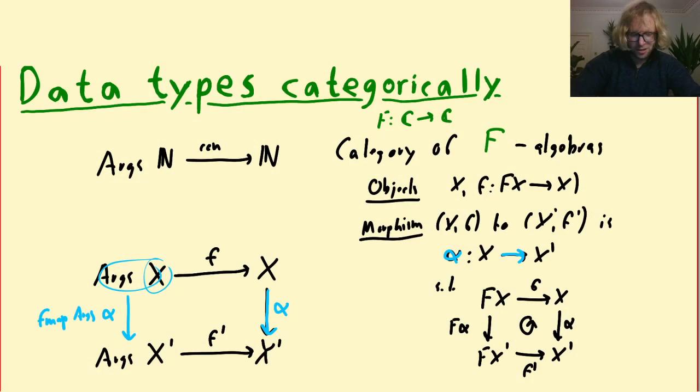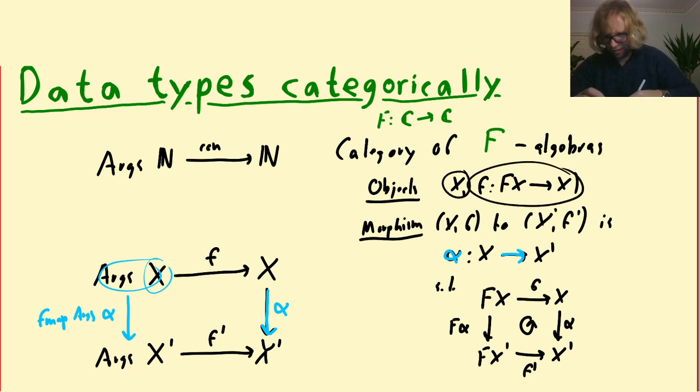So we have seen some connections between data types and category theory, but let's drill down deeper. We have previously seen that if we have a data type which comes with a functor, then we can construct this category of algebras for this functor, where the objects are sets X together with something we think of as constructors for this data type, and the morphisms are these structure preserving morphisms between the underlying things.